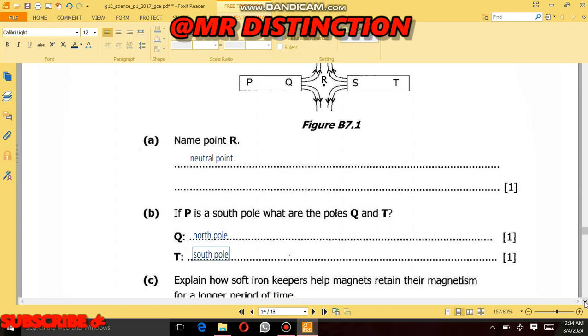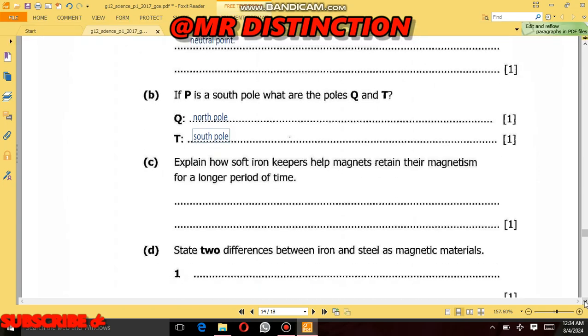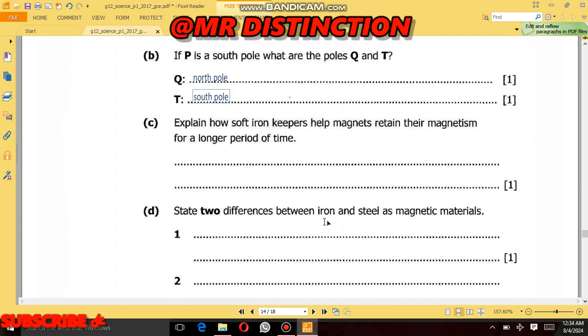Okay, let's go to question C. Explain how soft iron keepers help magnets retain their magnetism for a longer period of time. Here what you need to know is that as a permanent magnet ages, its magnetism weakens.